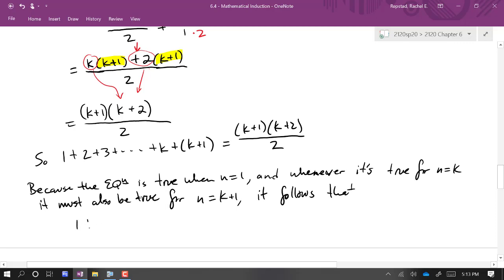So it follows that 1 plus 2 plus 3 plus n is equal to n times n plus 1 over 2 for all positive integers.